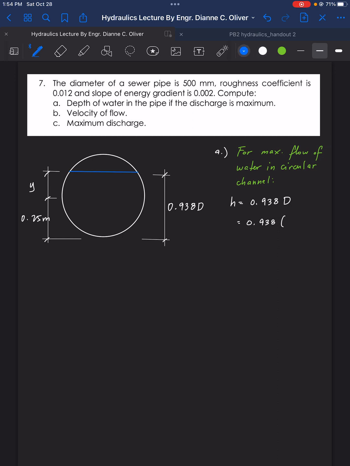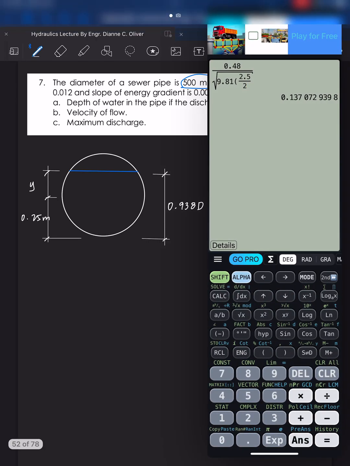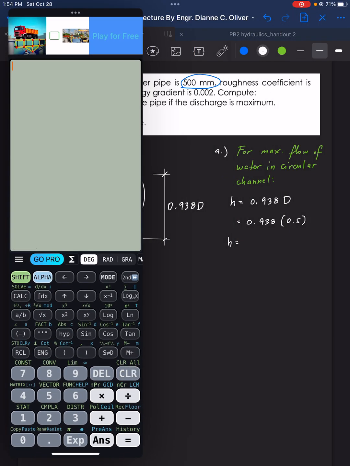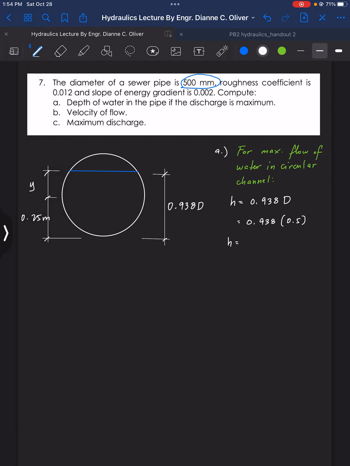It says here, diameter of the sewer pipe is 500 mm, so this is 0.5 meter. So H is equal to 0.938 times 0.5. So that is 0.469 meter for the maximum flow of water.